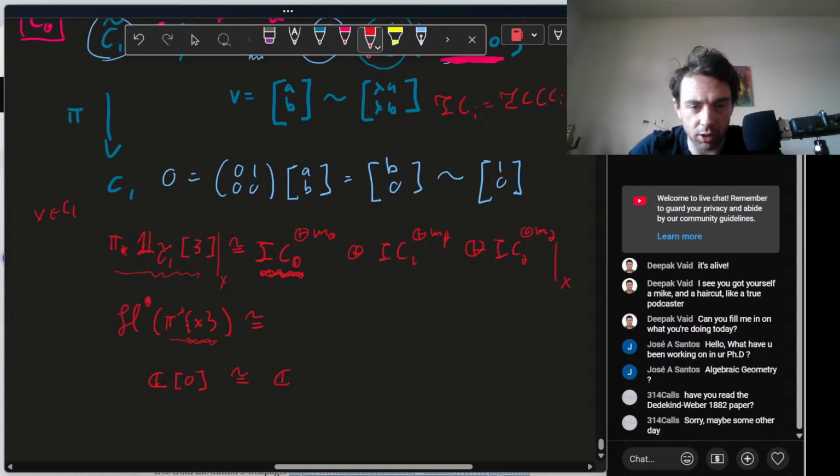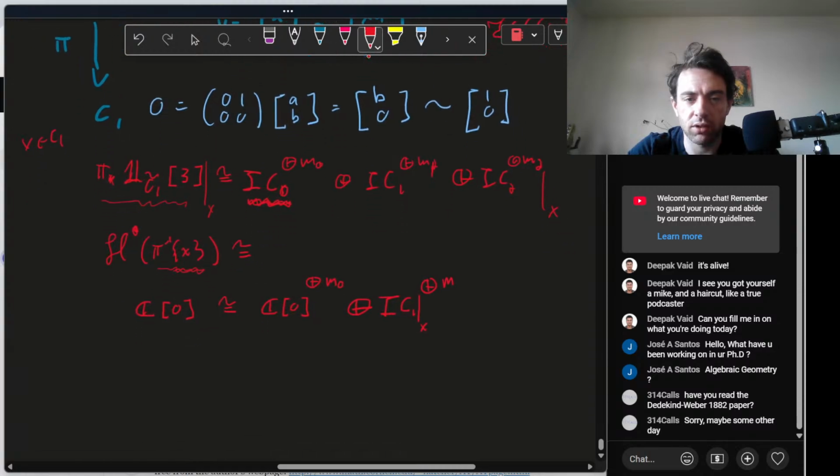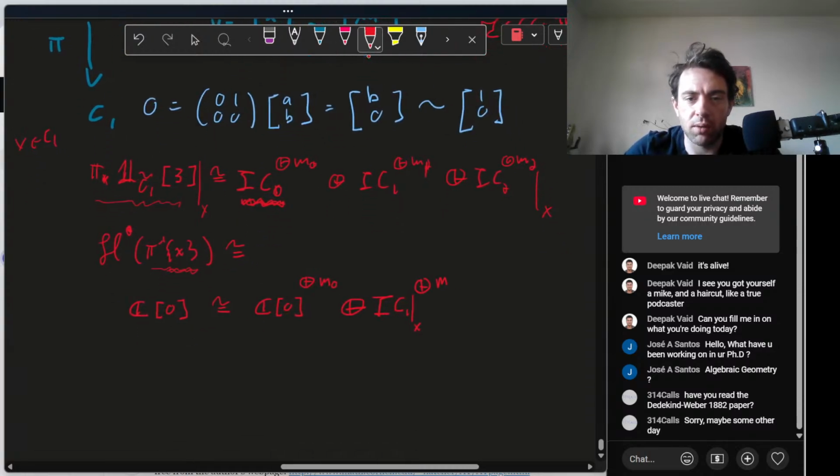So we'll just get a copy of C to the M0, direct summed with, okay, this is the stalk that we're trying to figure out, IC1 restricted to some point, with some multiplicity which we don't know yet, M1.